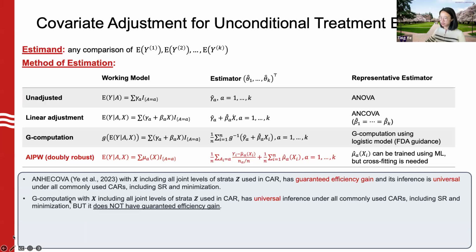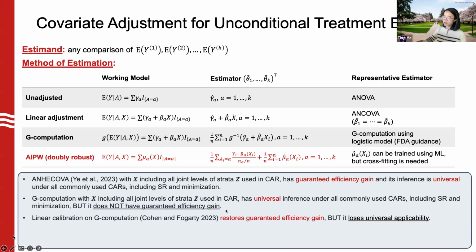Just to illustrate the point I said, for the G-computation, if we include the stratification factor in the model, this estimator has universal inference under all the commonly used covariate-adaptive randomizations, but it does not have guaranteed efficiency gain. There's a very nice paper by Cohen and Fogarty in 2023 in Biometrika that proposed using linear calibration on the G-computation approach.